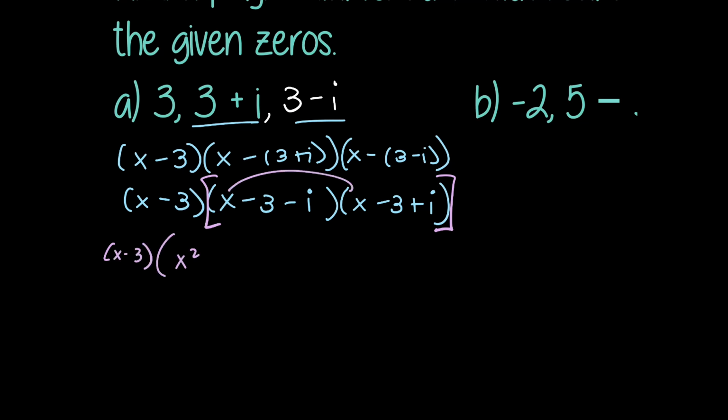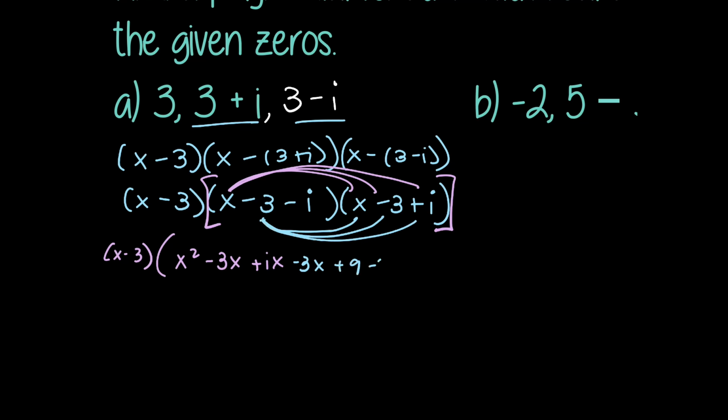So x times x is x squared, negative 3x, positive ix. Go to negative 3 times x, negative 3 times negative 3, negative 3 times i. Go to the negative i, positive 3i, and negative i squared.